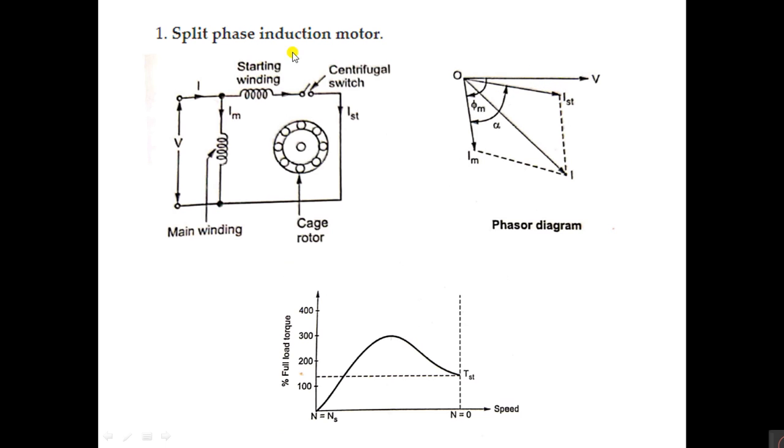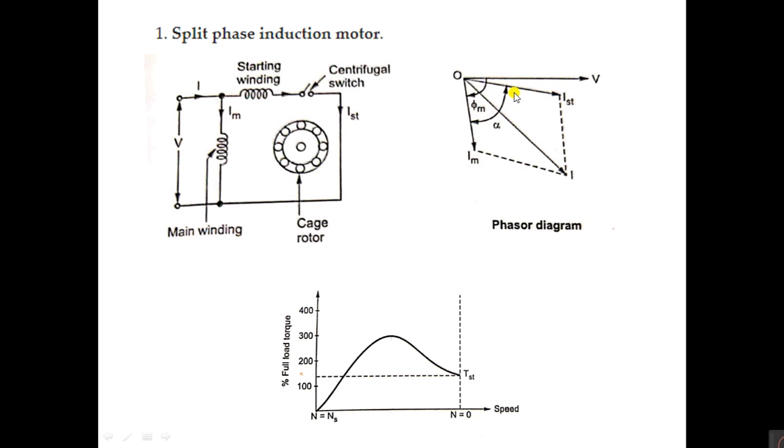Next, the main winding has high inductive reactance and very low resistance. Thus, the main winding current lags the supply voltage. So, this is the supply voltage, and this is the main winding current. It lags by an angle phi m.